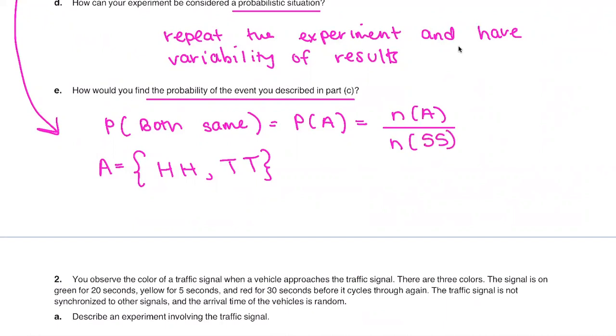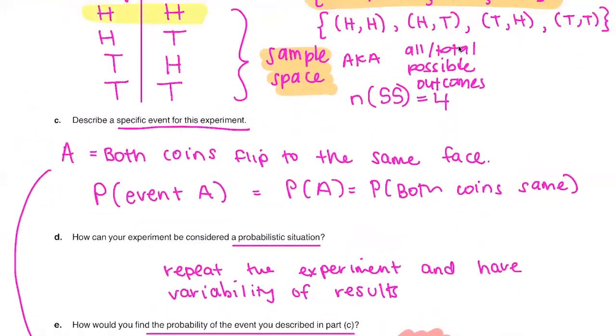What I mean here is on the numerator for the probability, which I am highlighting in red, you write how many items actually give you what you want. And we could have HH and we could have TT. So that's going to be 2, the size of the event A of getting both coins to match is 2, divided by how many elements are in your total possible outcomes or in your total sample space.